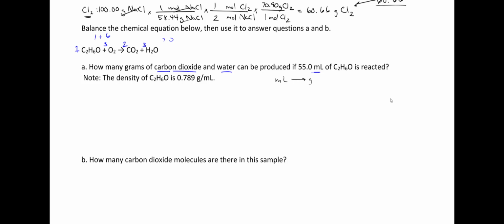So we need two chemicals. We're going to need to start with carbon dioxide. So I'd like to produce carbon dioxide. I'm using 55 milliliters of ethanol, C2H6O.